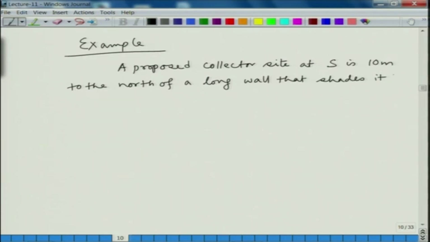That can shade it when the sun is low in the sky. Okay. What does it mean?